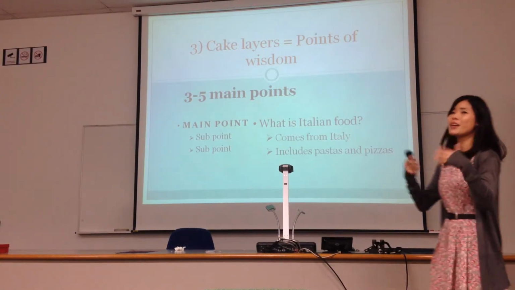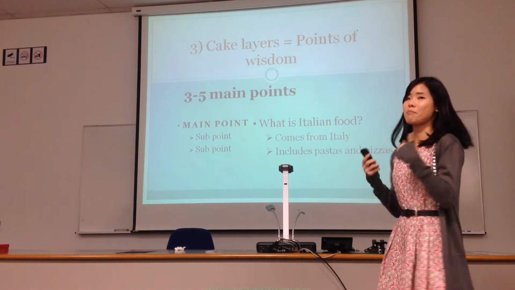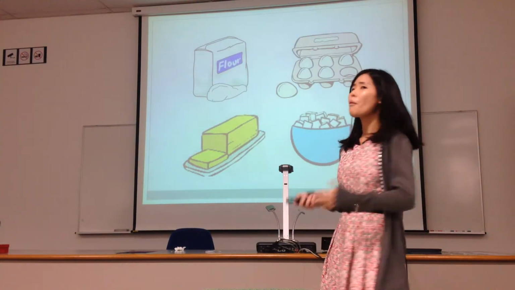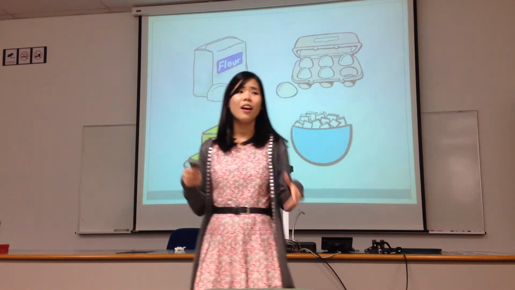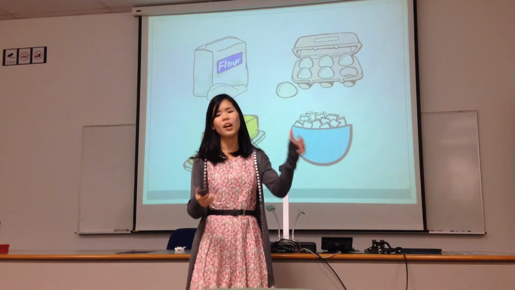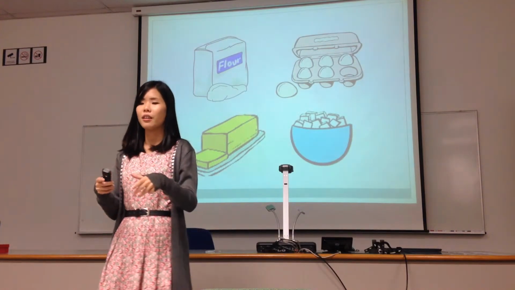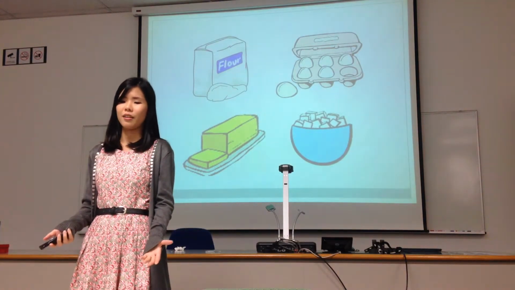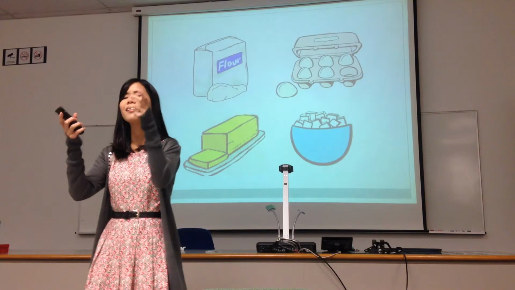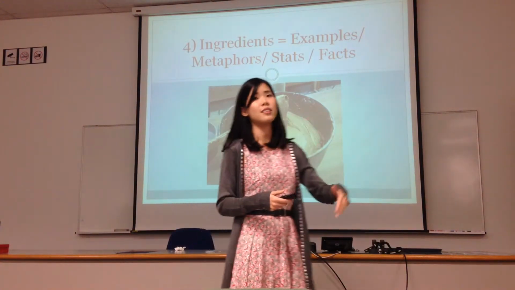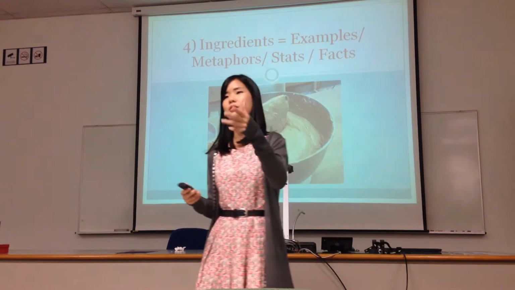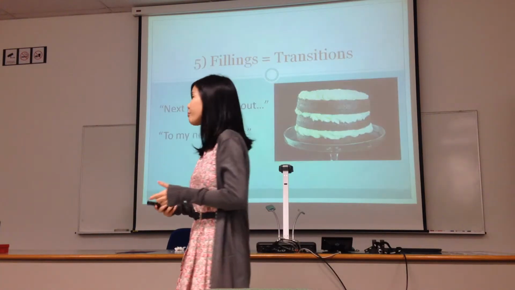These are examples that explain your main points. But what is a cake without its ingredients? Without the right mix of ingredients, you have a deflated cake. What you want is a fluffy layer of cake. So your ingredients are your examples, the stats, the facts that support your main point.